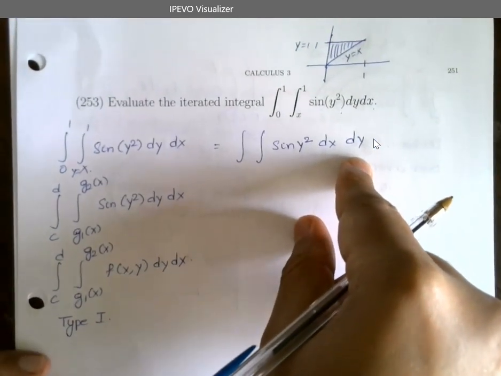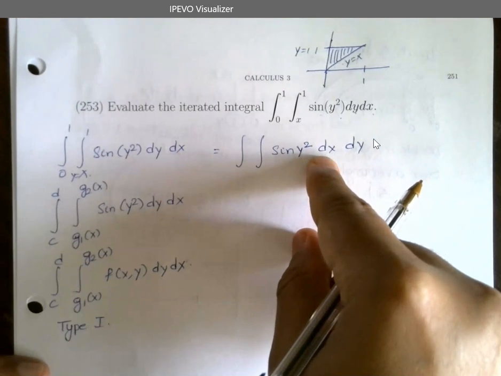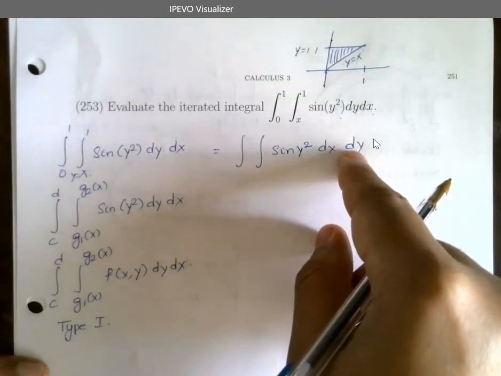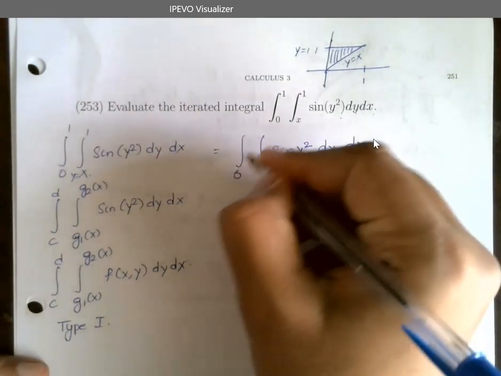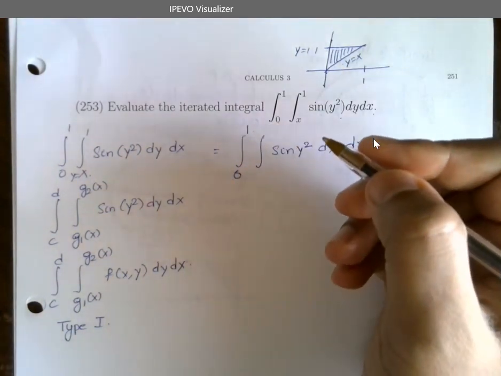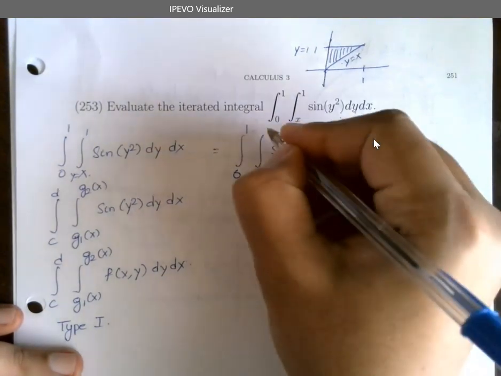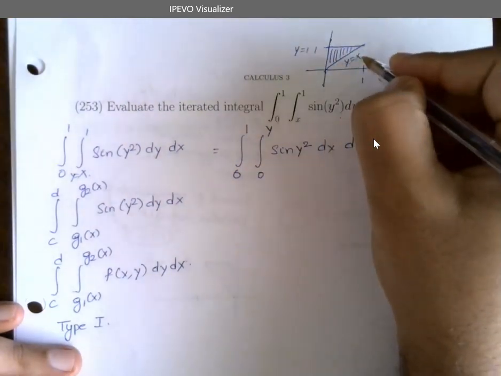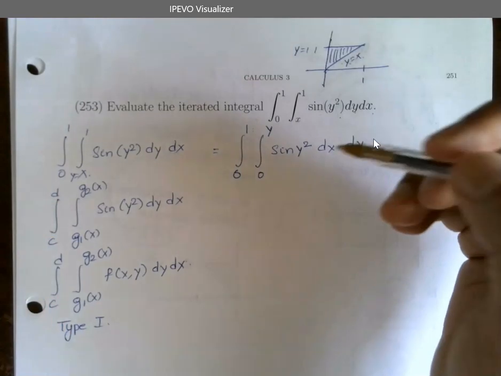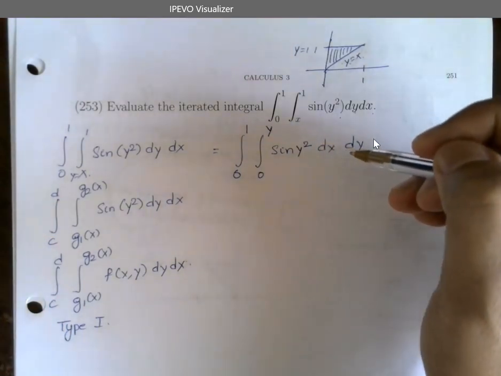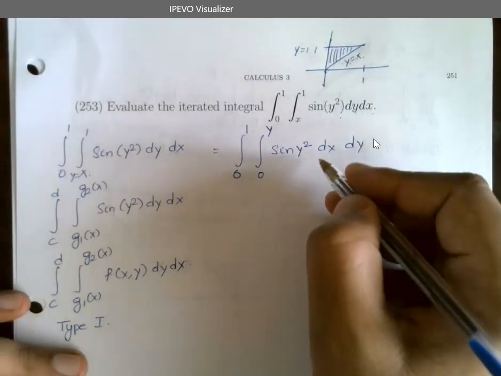But when I want to integrate with respect to x, what am I seeing? My limits of integration for y would be 0 to 1, okay? And my limits of integration for x would be what? x equals 0 to y. You see that? Why? Because y equals x means x equals y. So that's what I'm trying to look at. But would that help?